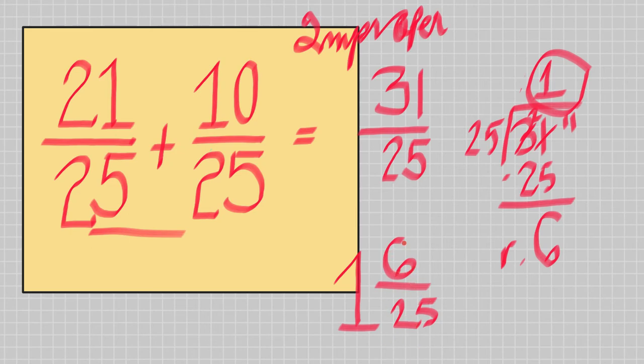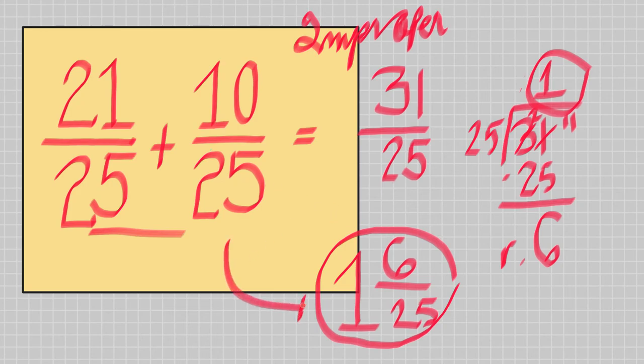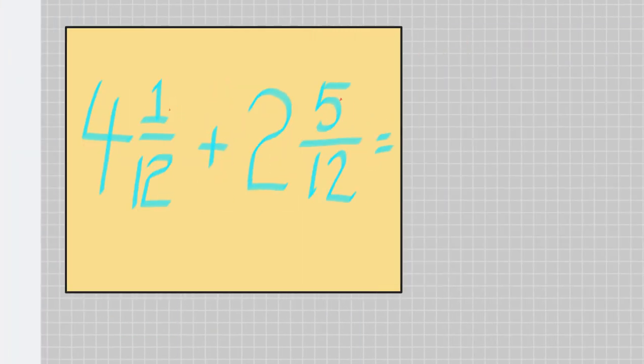You cannot find any other number that can possibly divide 6 and 25. So this is now the simplified form of 21 over 25 plus 10 over 25. The answer is 1 and 6 over 25.